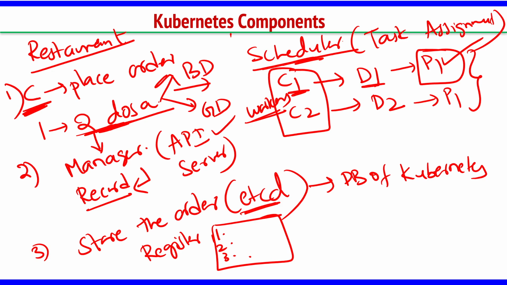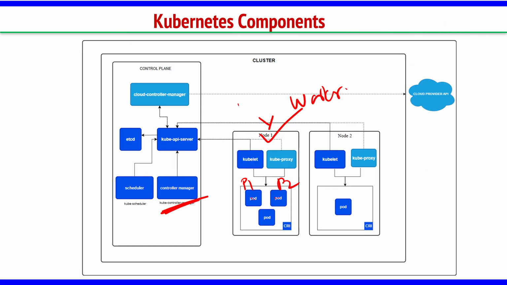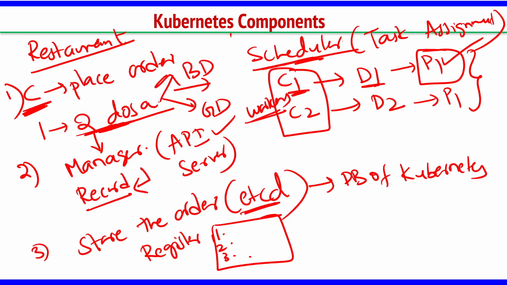So he will make sure that the proper dosa is being made. If there is some failure, something burnt, half cooked, anything, he will be monitoring it. Whether they are properly prepared or not, that is the job of the controller manager.